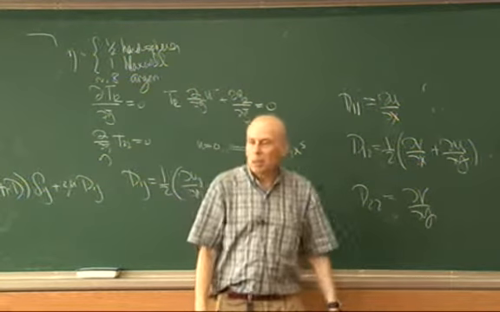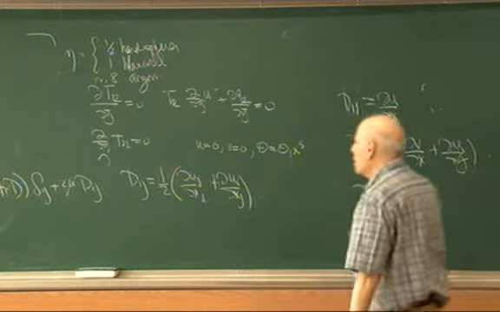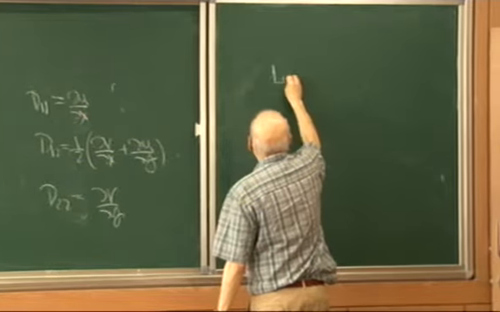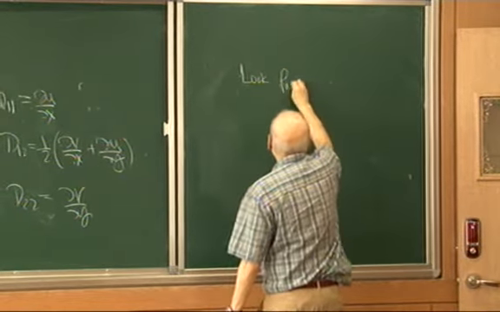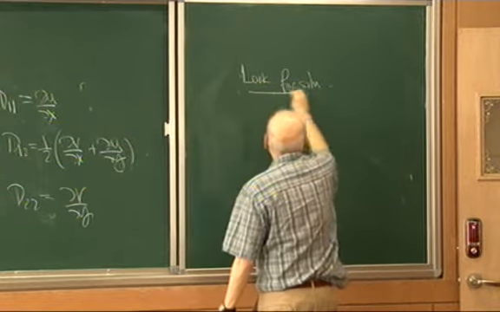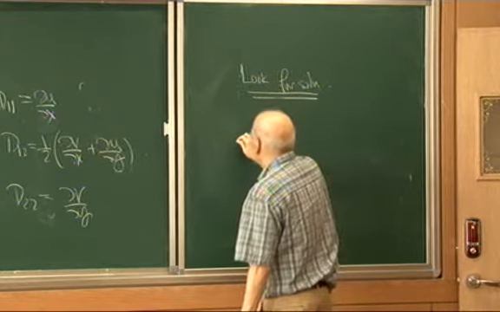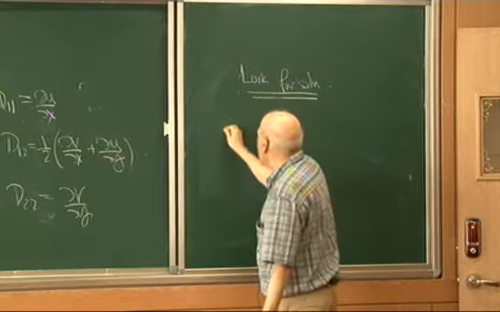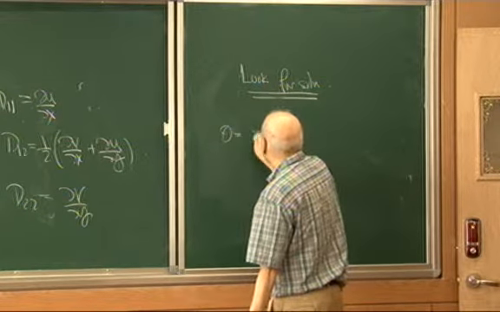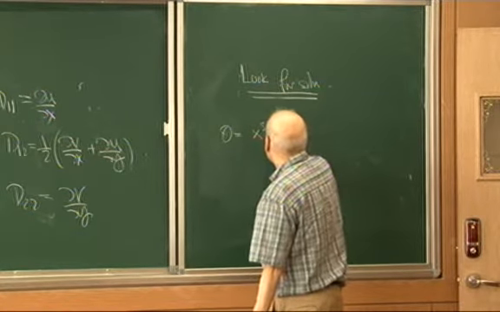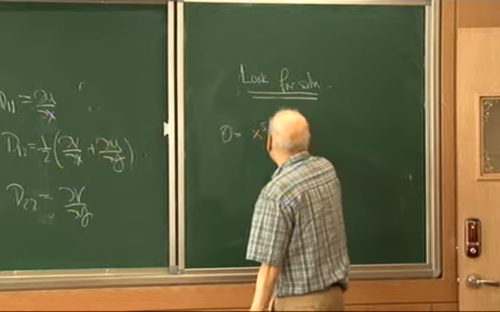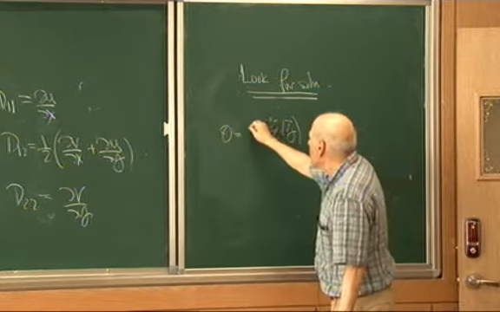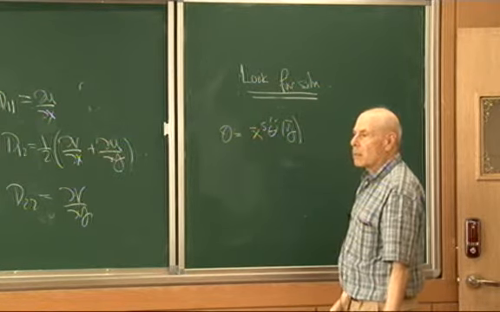So now let's make some assumptions and see how things are going to go. Look for a solution, as I wrote last time. First of all, theta should look like the boundary condition. So look for a solution that looks like x to the s times theta hat of y, where y is rescaled, the rescaled y, and this is the rescaled x.